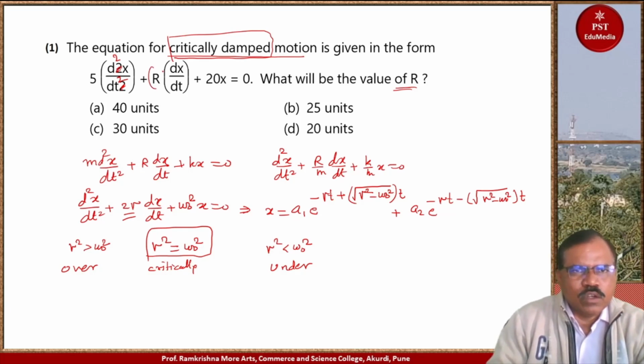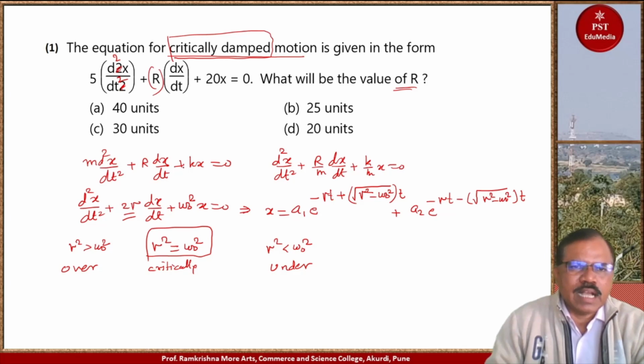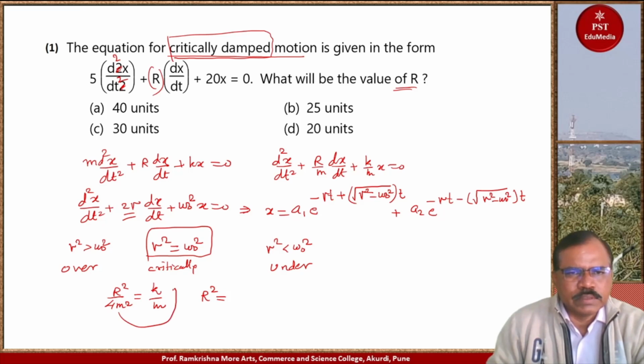So what is the value of damping coefficient R? We know gamma square is R square upon 4m square, and omega 0 square is k by m. So we get R square is equal to 4m square upon m, that is 4mk.